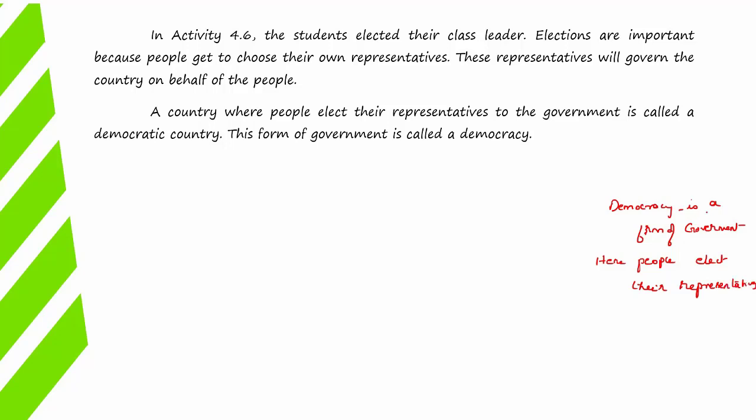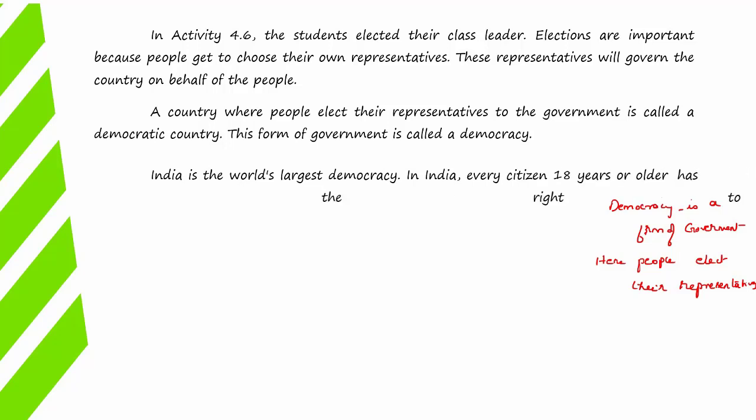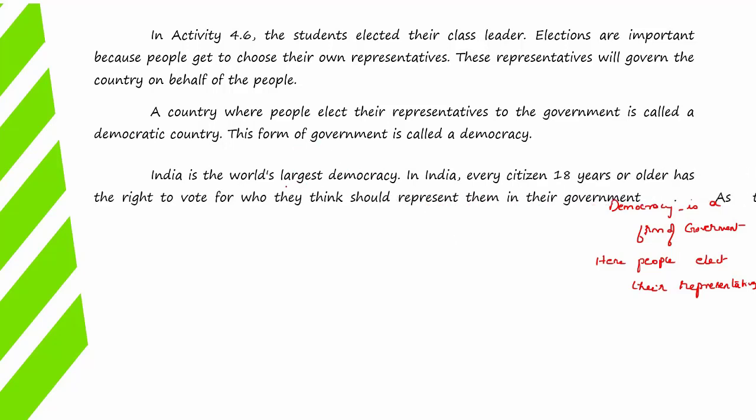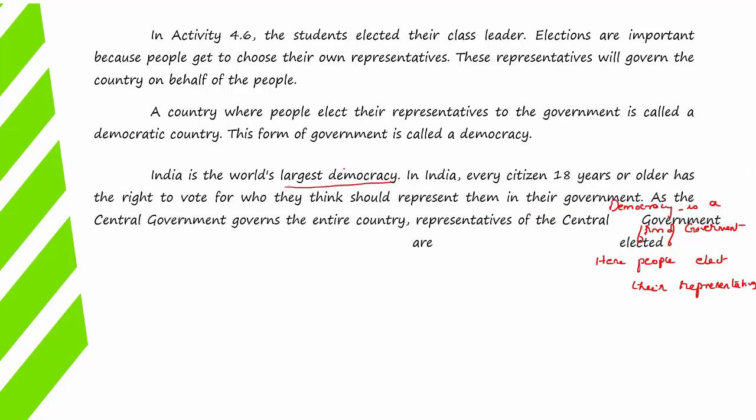So what form of government does India have? India has a democratic form of government. Okay, children. India is the world's largest democracy. Underline this. Which is the world's largest democracy? India. Very proud. Who elects the representatives here?